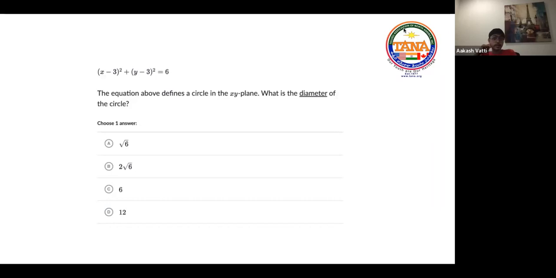And remember, diameter is 2 times radius, not radius squared. And this problem is a good example of why you should read more carefully, because a bunch of you got it wrong because you didn't read it correctly.